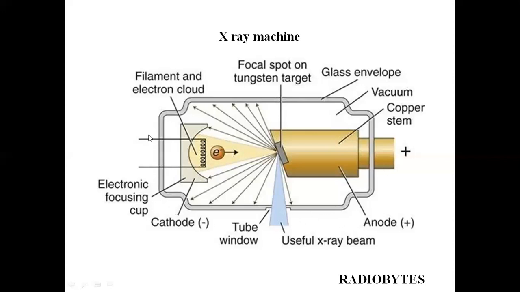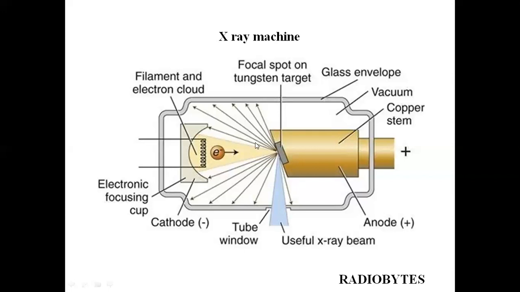This is mainly because during the production of X-rays, which we will be dealing with in the next class, where I will tell you how much radiation is produced and what the types of radiation are, 99% is dissipated as heat, and only 1% is produced as X-ray beam.